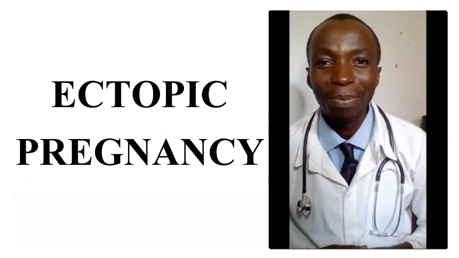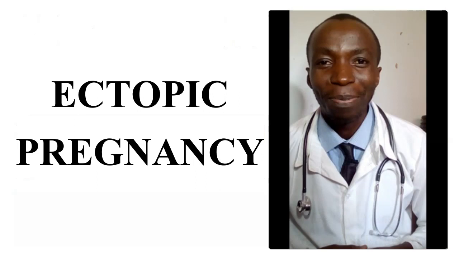Ectopic pregnancy. Ectopic pregnancy simply means a pregnancy that is extrauterine, when the pregnancy is not in the uterus. If fertilization has taken place in the fallopian tubes, specifically in a place called the ampulla, there is going to be formation of that egg.